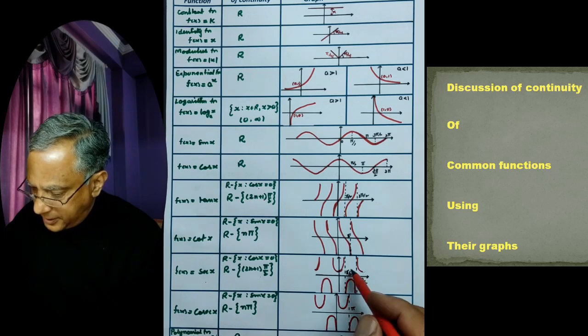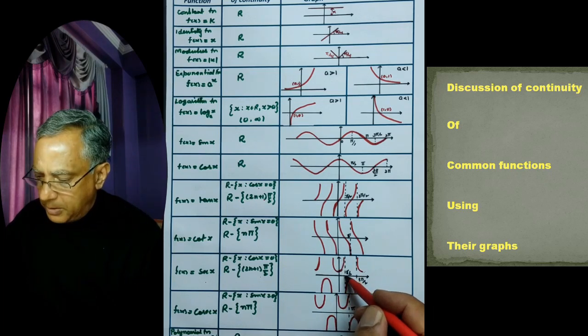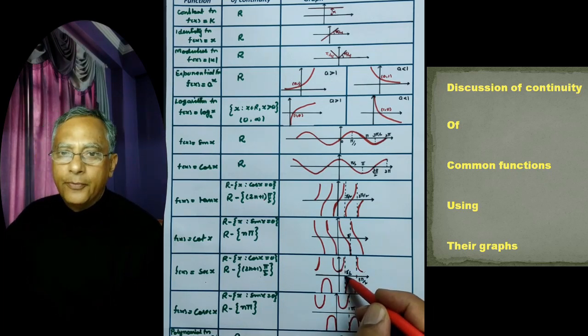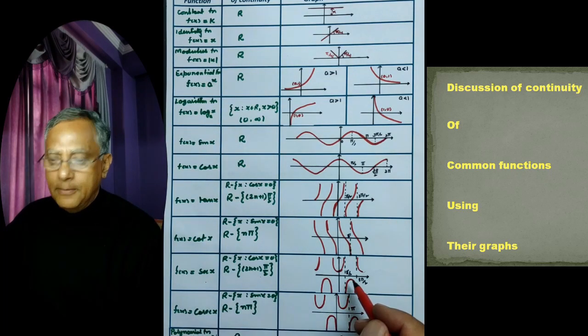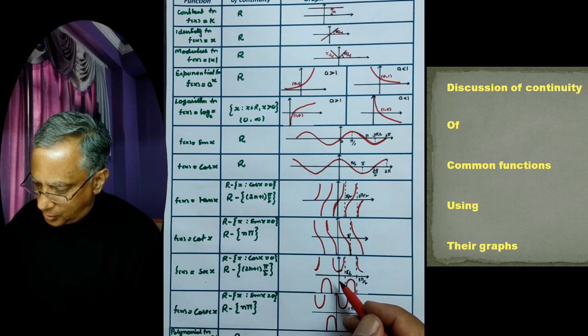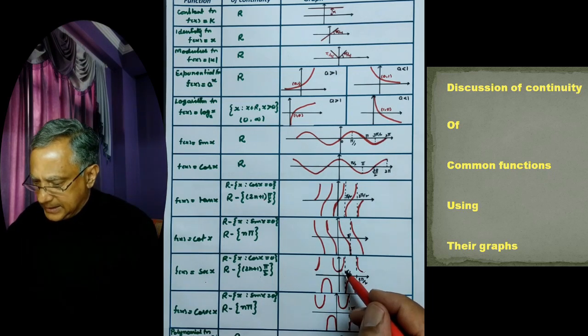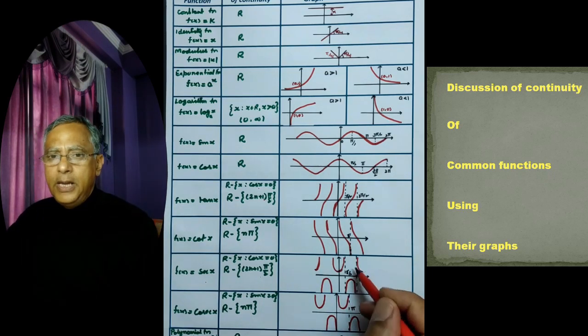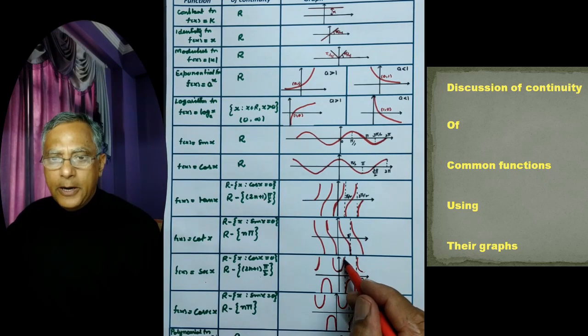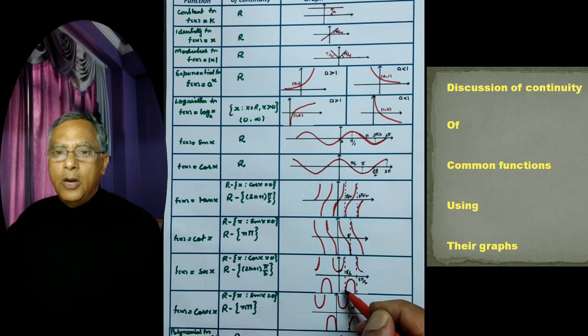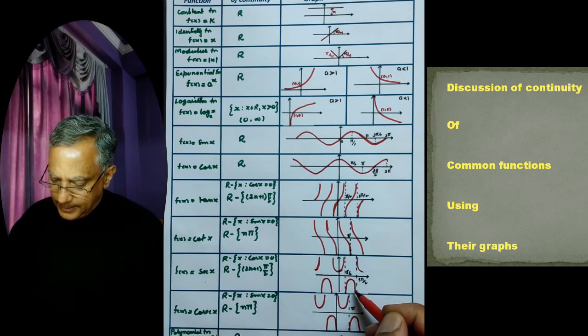This is not continuous at pi by 2, but pi by 2 does not belong to the domain of the function. So this will be called a continuous function because the points at which it is discontinuous do not belong to the domain. The graph is breaking at these points, but these points do not belong to the domain.